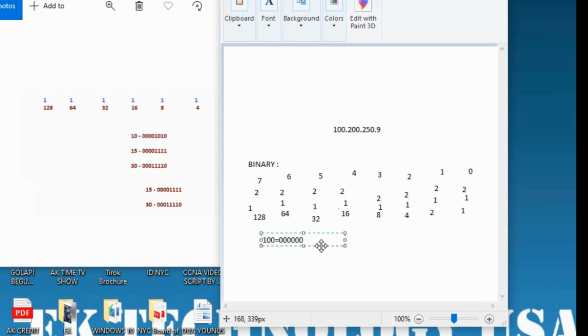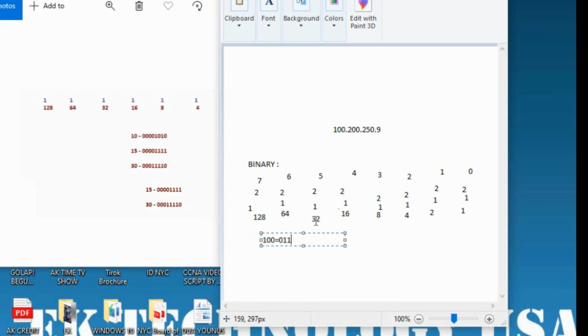If I go back again, 128 has no value. 64, yes, we have 64, which is one bit from here. And 32 has a value.